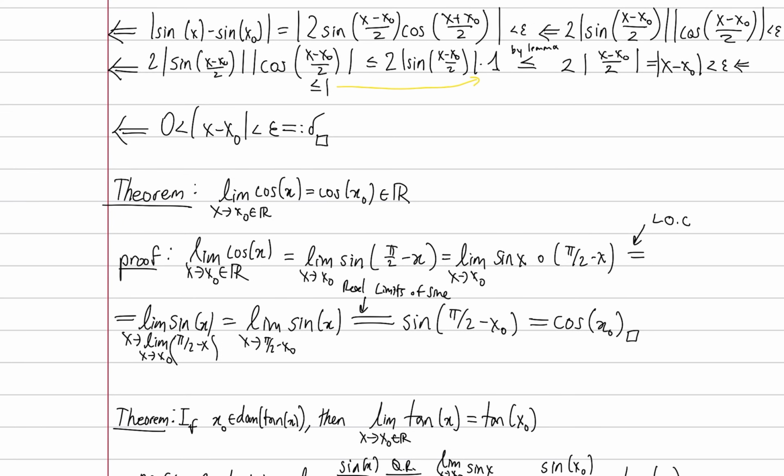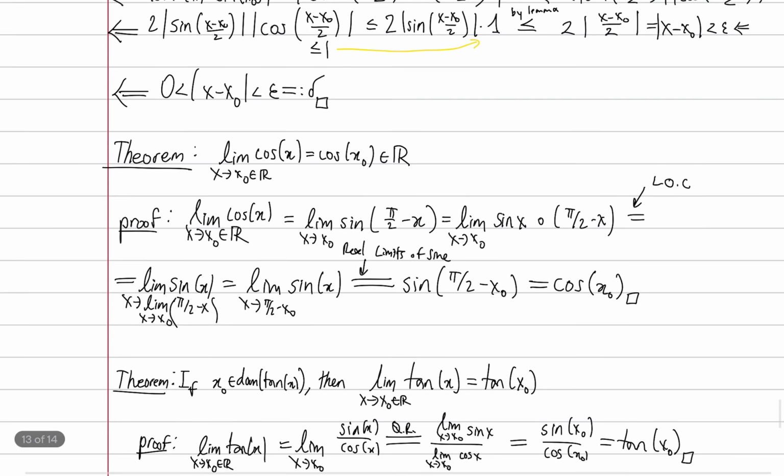We're just going to do the exact same property in reverse, and it's cosine of x naught. And we're done. We're just taking the fact that cosine is just a horizontal shift of sine, and calculating the limit for sine, and then just converting it back to cosine.